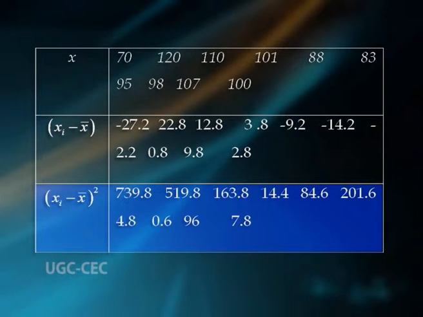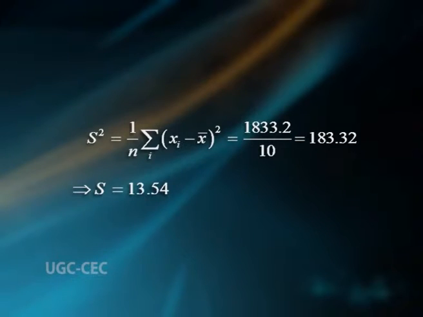The corresponding (x_i minus x bar) squared values: 739.8, 519.8, 163.8, 14.4, 84.6, 201.6, 4.8, 0.6, 96 and 7.8. S square equal to 1 by n summation over (x_i minus x bar) squared, that is equal to 1833.2 divided by 10, that is 183.32. This implies S equal to 13.54.